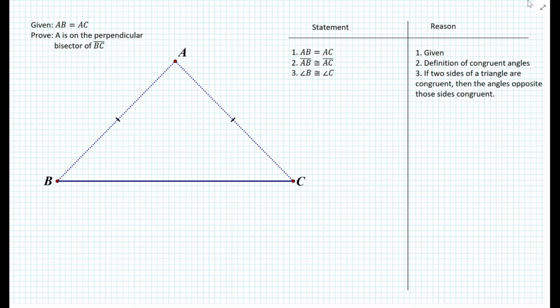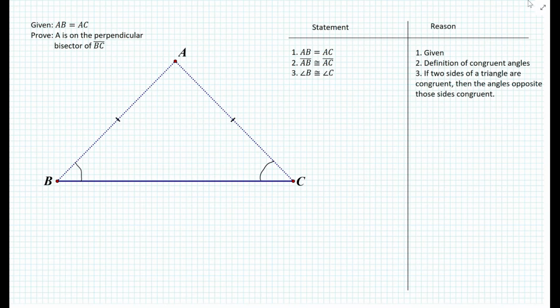And then we can say that angle B is congruent to angle C. And the reason is, if two sides of a triangle are congruent, then the angles opposite those sides are congruent. Notice that here I had to change from measure to congruence because the theorem of this isosceles triangle uses the word congruent.